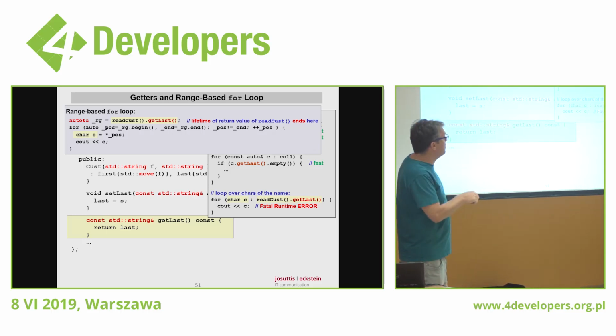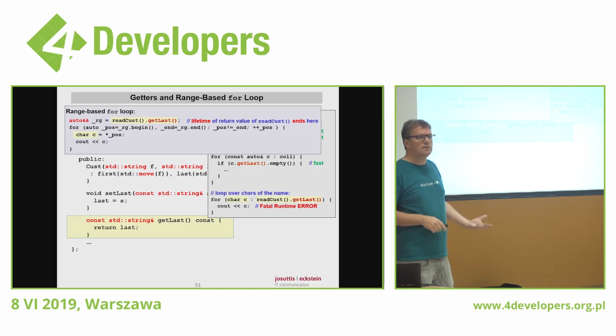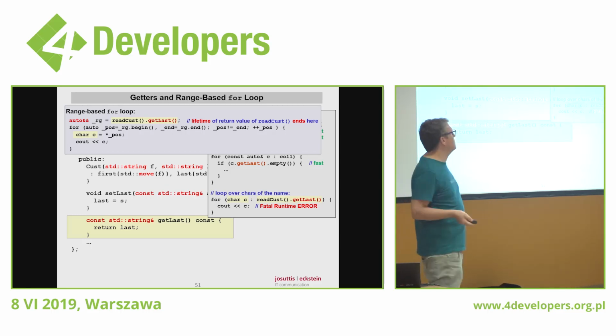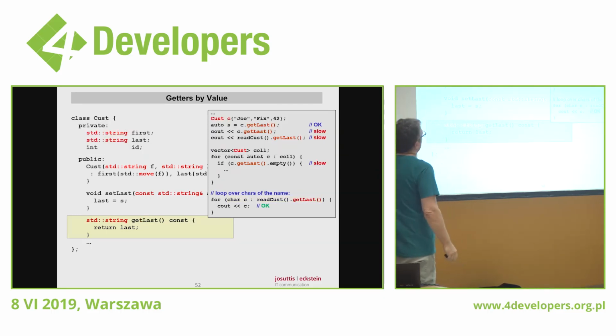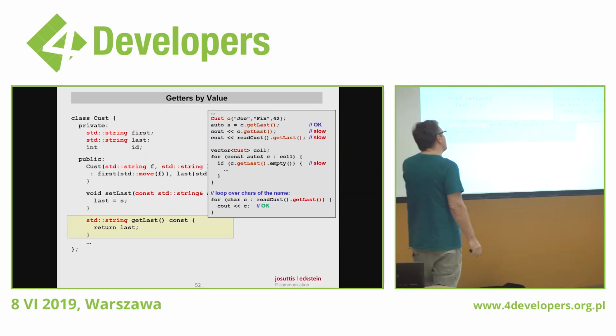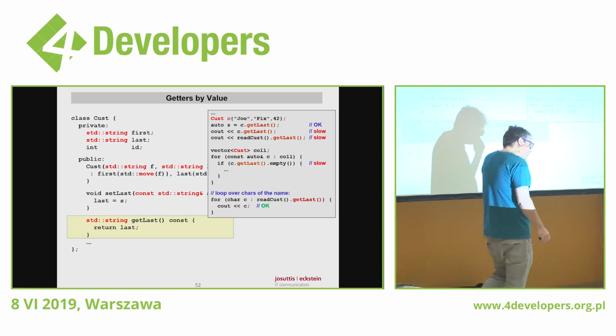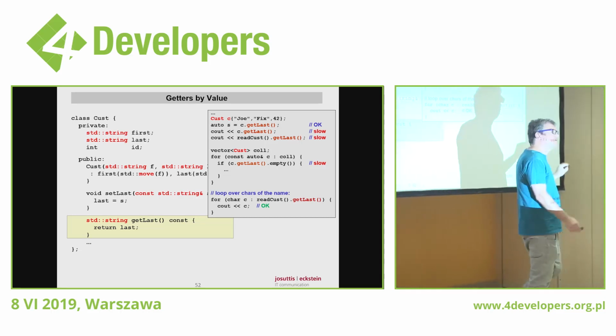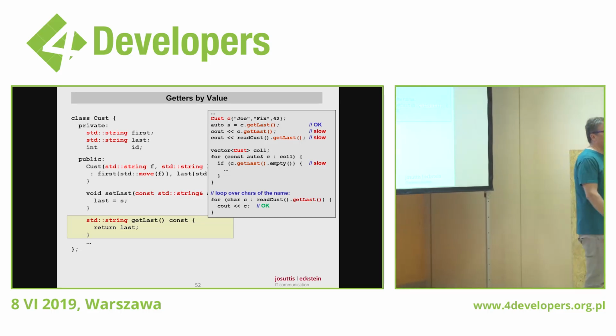The same would be true if we would return something and we use the index operator here. Just if we return a string and use the index operator. The same problem applies. So if you want to be safe, maybe it's better not to implement the getter to return by reference.